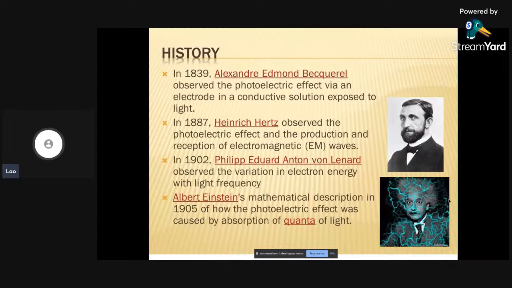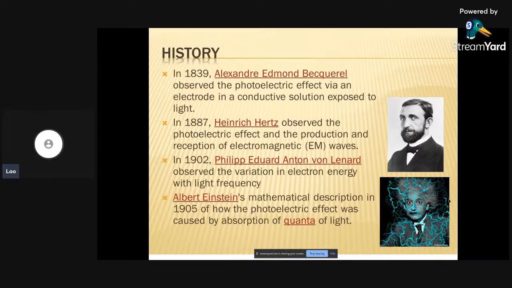So I'm gonna give you some history about the photoelectric effect. We do have here, in 1839, Alexander Edmond Becquerel, if I'm not mistaken in the pronunciation, who observed the photoelectric effect via an electrode in a conductive solution exposed to light.